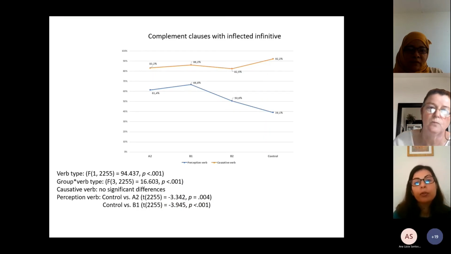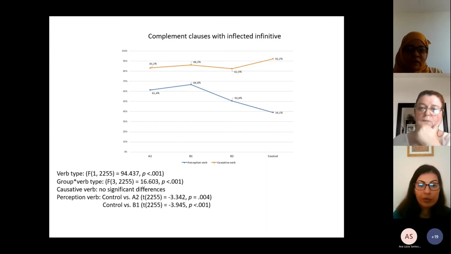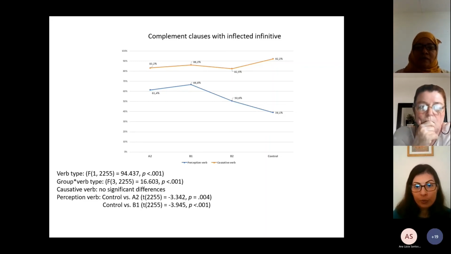First, we will look into the results for the complement clauses with inflected infinitive. The orange line corresponds to the condition with causative verbs and the blue line to the one with perception verbs. And here we can see that the selection rate of destruction with causative verbs is higher than with perception verbs in all the groups.